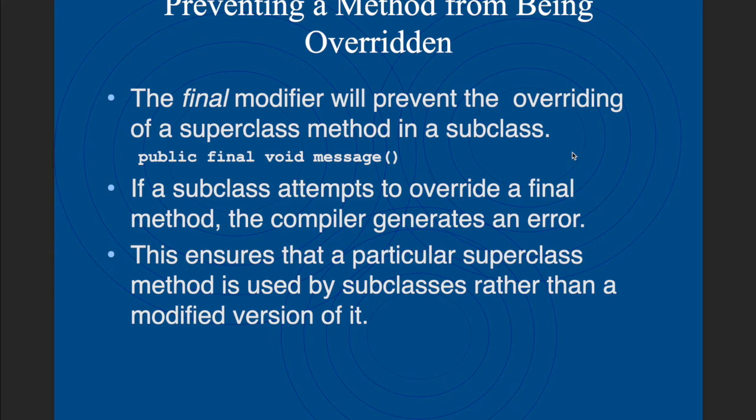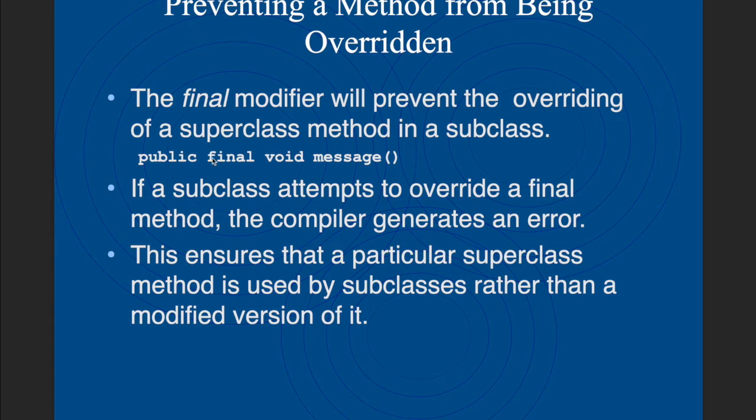If you do not want to override your method, you should use the final keyword. The final modifier will prevent the overriding of a superclass method in a subclass. And here's an example of how you use it. When you create your method, it's public final void message, and then, for example, you want to print something, whatever your method is.